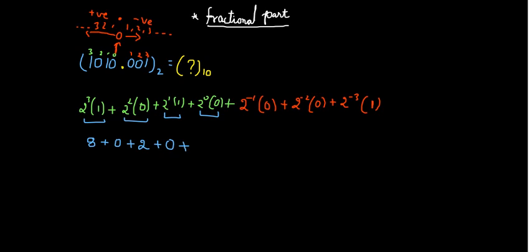Let's change the color again so that it becomes convenient to understand. Now this one will be 0 again because we are multiplying with 0. Anything with 0 is 0. And this will also be 0, but this one is not 0. It's 1 multiplied by 2 to the power minus 3. It means 2 to the power minus 3.